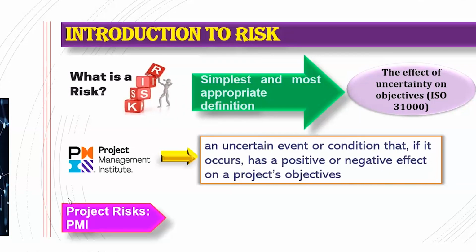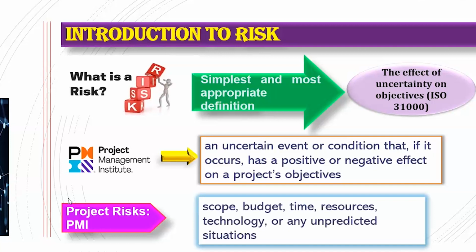Now, the Project Management Institute again identifies the key issues that are at risk when it comes to projects, which most of you might be aware of: the project scope, budget, time, resources, technology, and any unpredicted situation. These are the key objectives that are affected when risks are not managed.